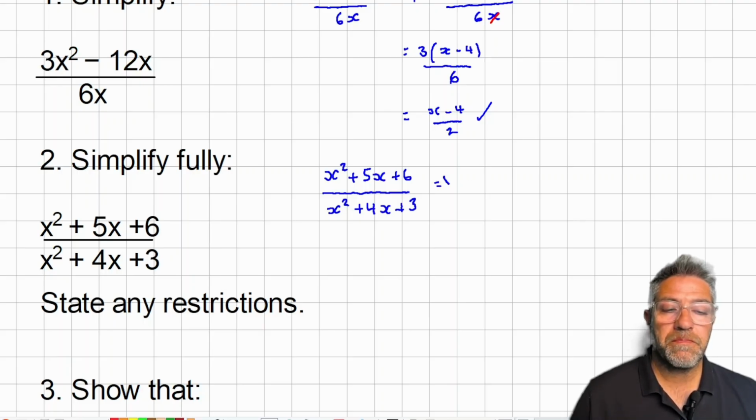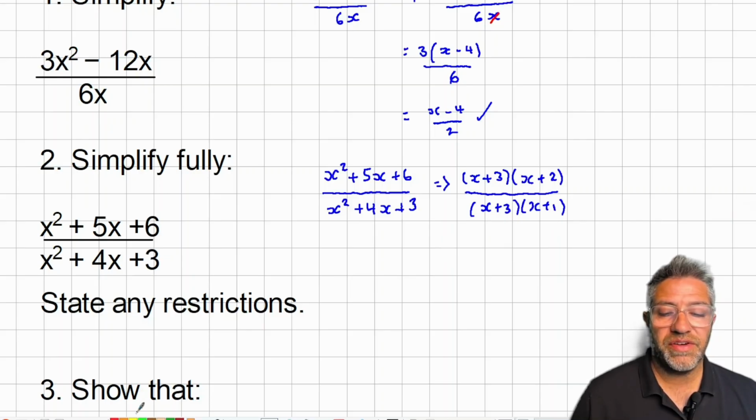Once again, I'm going to start by factorising both the numerator, which will be x plus 3 and x plus 2, both in brackets, all over x plus 3 and x plus 1.